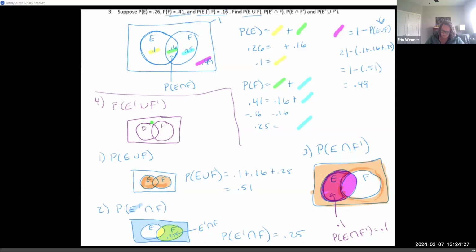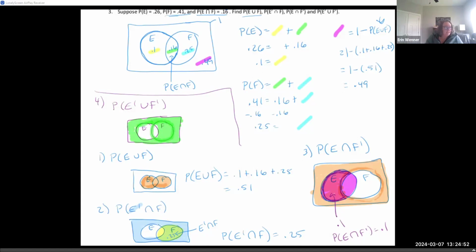So E complement is everything that's outside of E. Okay, so I'm coloring that. And then F complement is everything that's outside of F. So if I draw my circle around F and I color outside that, we can see that what gets colored is everything that's not the intersection.